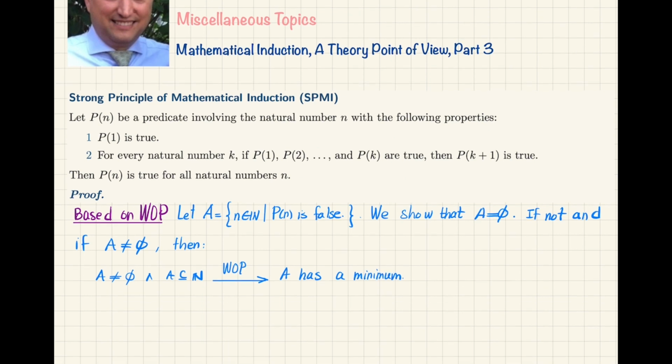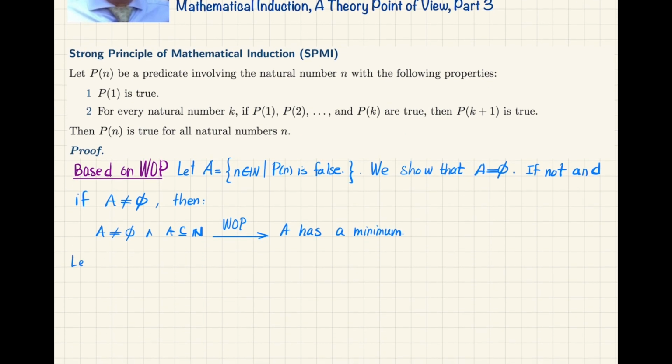Okay? Now, let little a denote this minimum. So let a be the minimum of my set. When you say that a is the minimum of my set, it means that this is indeed an element in the set.